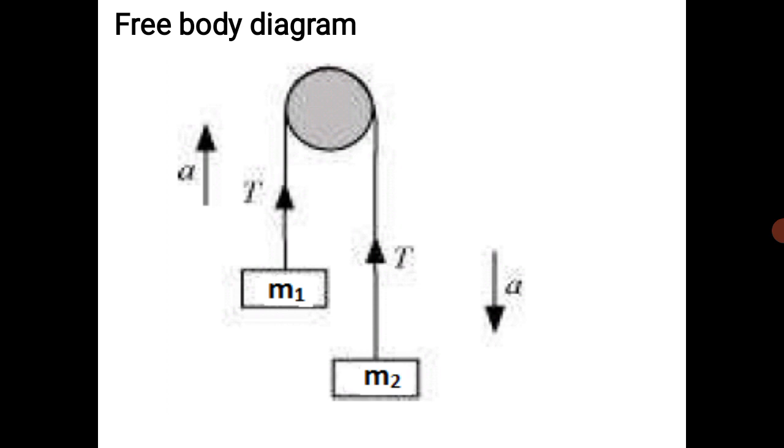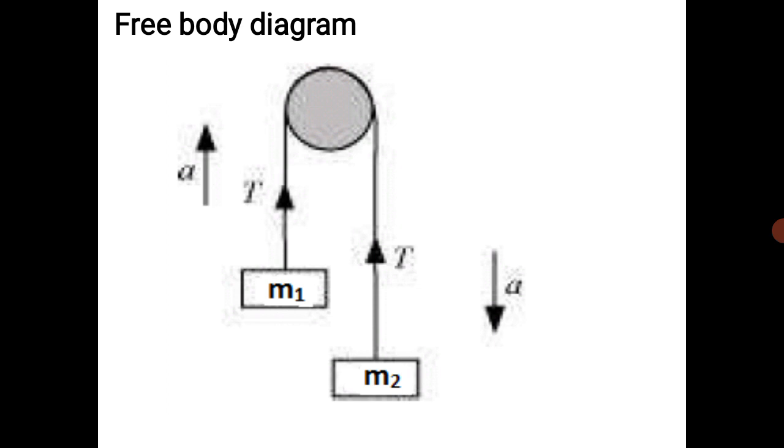If m2 is greater than m1, then m1 will be accelerating up, and m2 will be accelerating down. So in this case m2 is greater than m1.